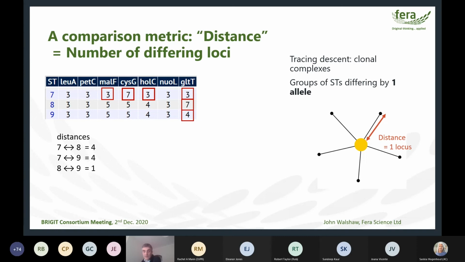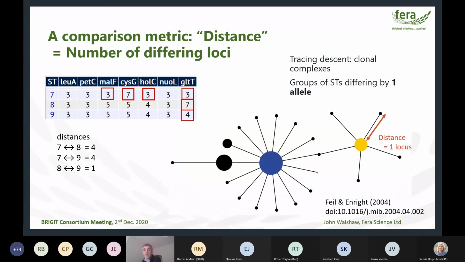So that's indicated by the size of the circles. So you have a founder strain in the middle, very probably, and this is actually data from a real human pathogen.